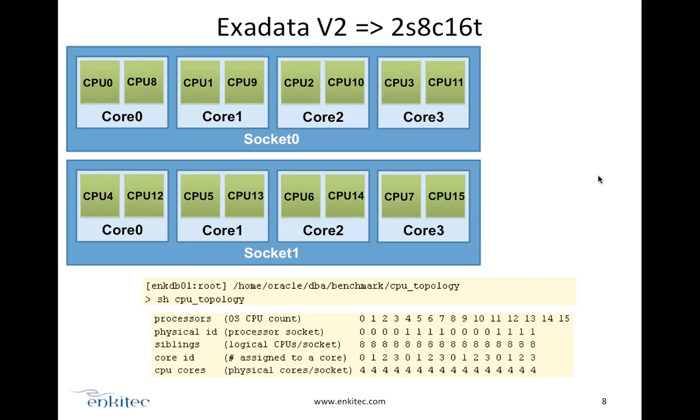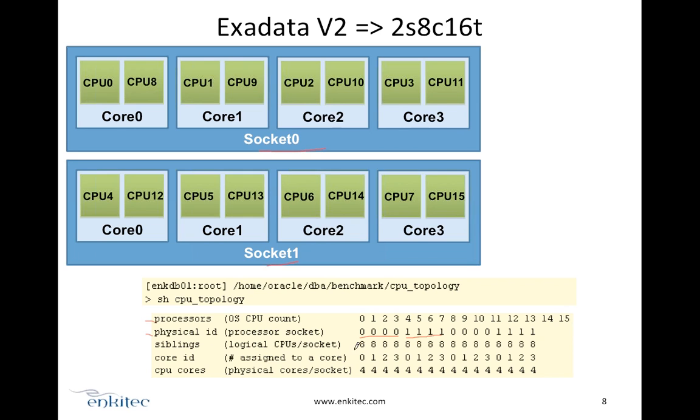But on the OS side, I've got this script called CPU Topology, and when you run it, it will show you this. Per row, it has a meaning. The processor is essentially your logical CPUs. Here it's showing 16 CPUs. The distinct numbers on your physical IDs will be your sockets, so we've got socket 0 and socket 1.